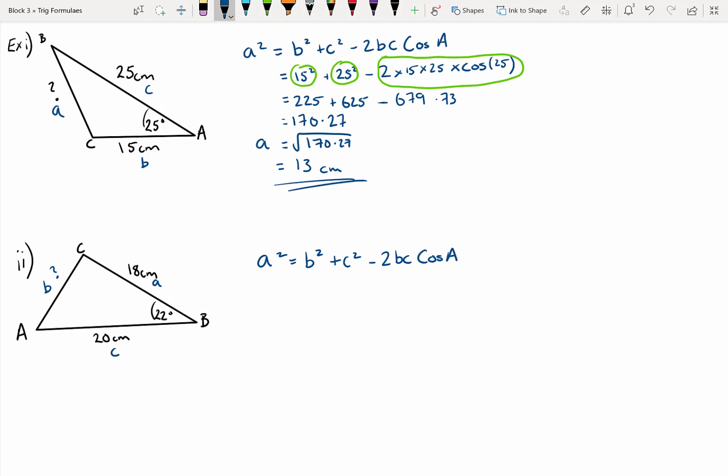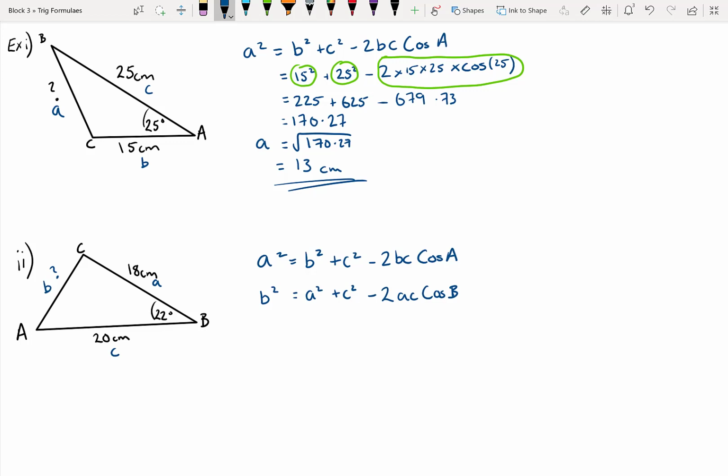So the one I'm looking for is side B. So b squared is equal to. And then I've got the other two sides, and so the other two sides fall in next. So we've got a squared plus c squared minus 2 times the other two sides times the cosine of the angle that I'm looking for.